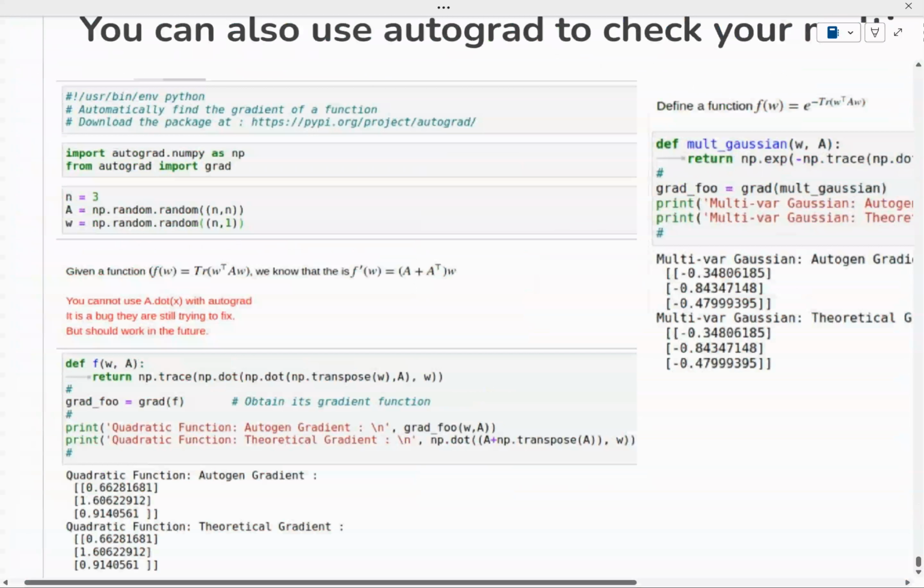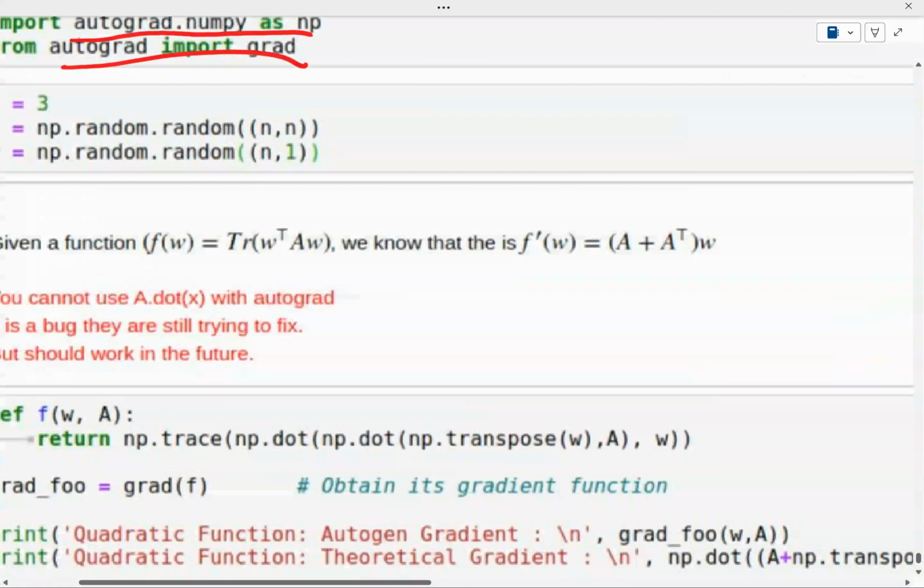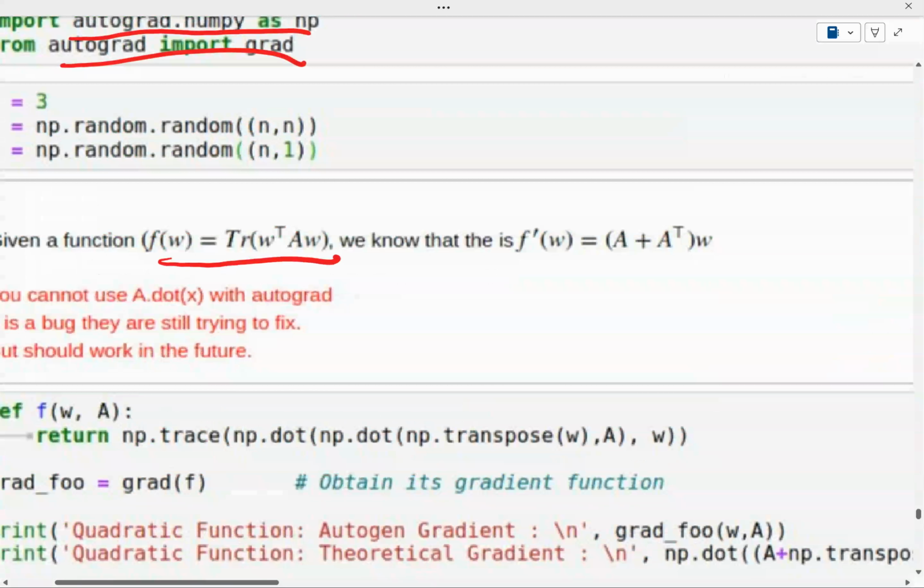Over here, you can also use autograd for this. Autograd works for both univariate and multivariate. Remember this function, trace of W transpose AW, that was one of the ones we went through.